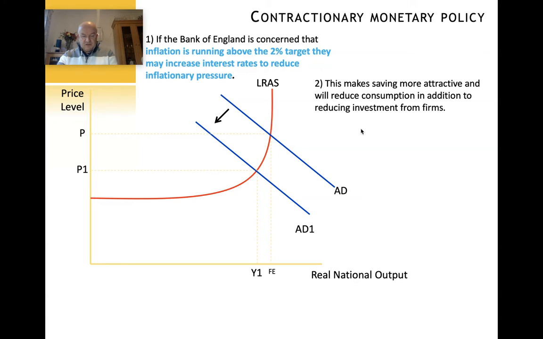What would essentially happen there, as you can see, is aggregate demand AD would shift to the left and downwards to AD1. And you can see also that output would be reduced slightly from FE to Y1. And also our new equilibrium point would reduce our price from the original P down to P1.